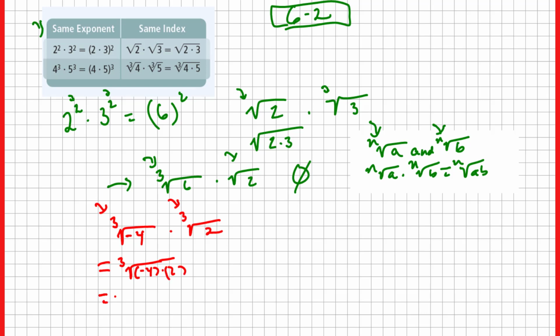Well, that's going to get me the cubed root of -8, and the cubed root of -8 equals -2, right? Because I've got -2 times -2 times -2. That gets me +4 times -2 equals -8. So that's the way that we can use the property to get at what we need.